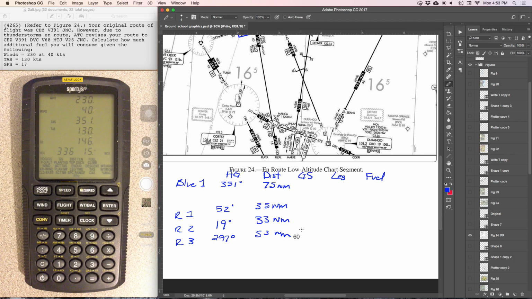That gives us a ground speed of 146. Then we can go into flight down to leg time. Distance 75 nautical miles. And then the ground speed carries forward from the related problem that we just worked. And that gives us a flight time of 30 minutes and 49 seconds.